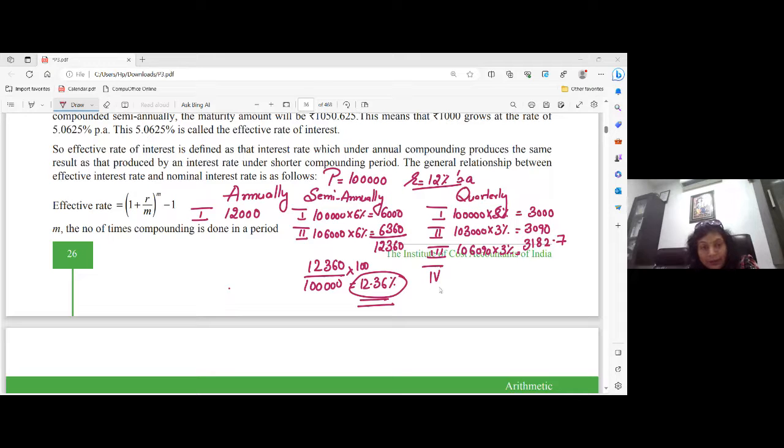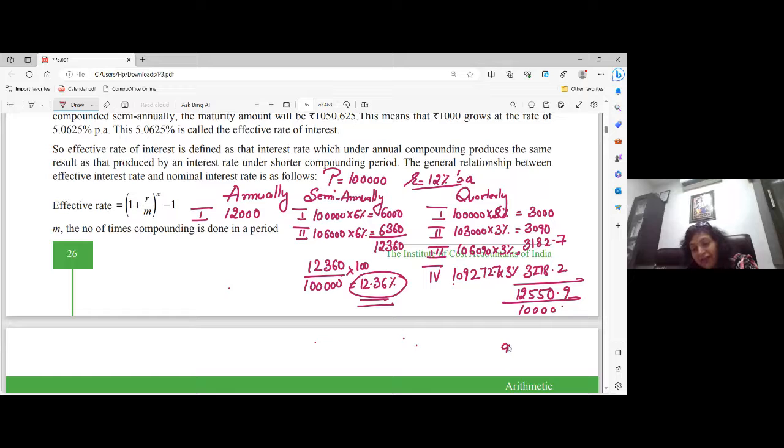This is equal to 1,09,272.7 into 3%. Multiply by 0.03. So that is equal to 3,278.2. So we'll say this becomes 12,550. So if I deposit it with total amount, my effective rate of interest is 12.55%. So this is the difference between nominal interest rate and effective rate of interest.